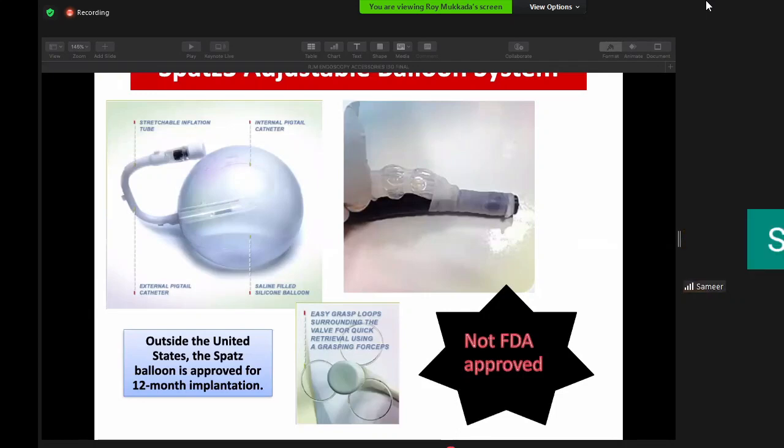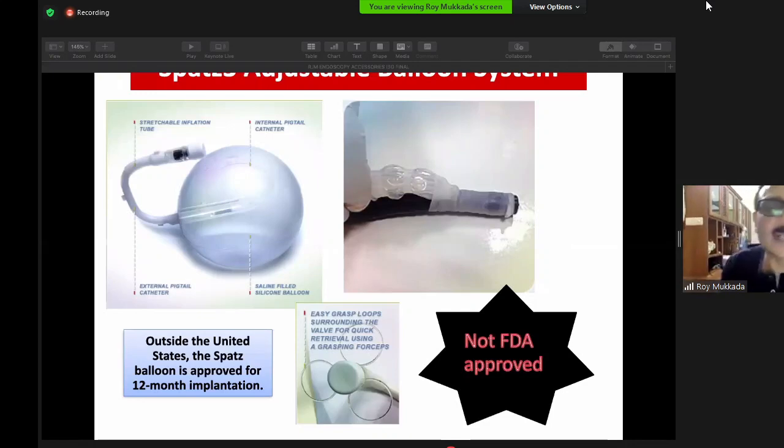You can adjust the volume of the balloon. You start with a smaller liquid volume, then you can increase it if the patient is not responding. If he's not tolerating, you can reduce it. That's the advantage of Spatz balloon.